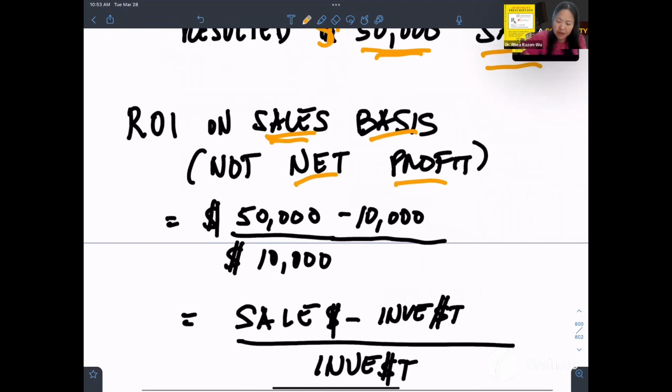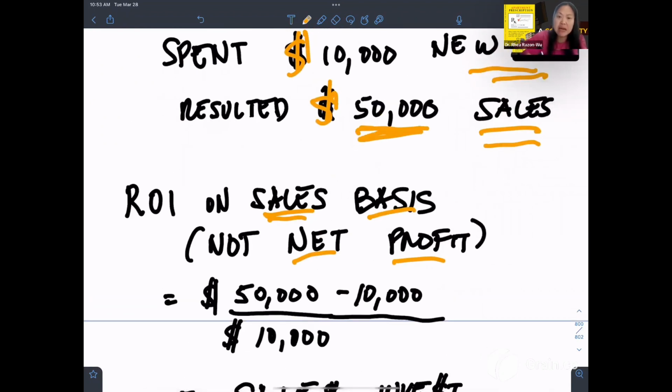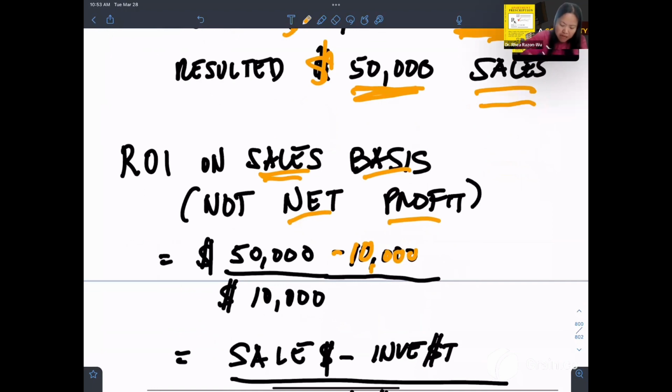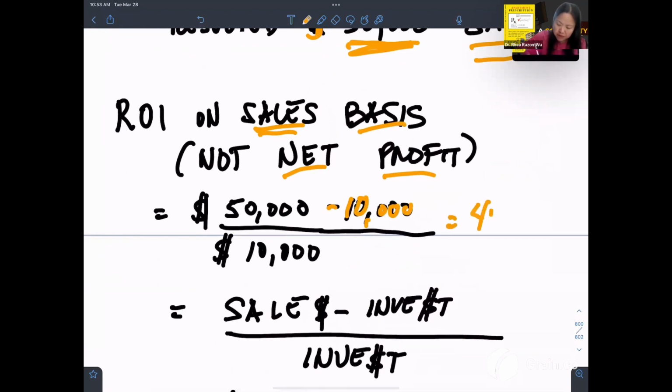Now, 50,000, if we remember, is the new sales that we got. Why do we have to subtract 10,000? Because we spent 10,000 on the new ads. So 50,000 minus the 10,000 that we spent for new ads would lead us to 40,000.